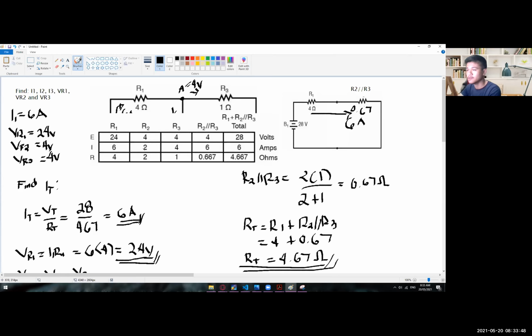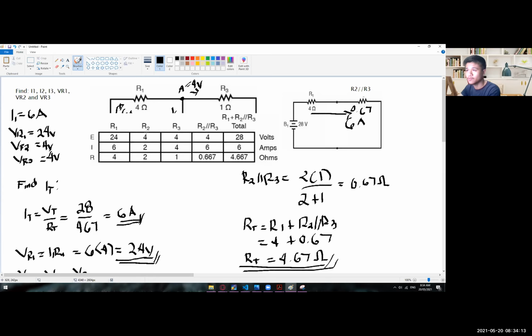And then if you're going to separate those, we have here the 2 amps for the 2 ohms, and then 4 amps for the 1 ohm. So that's it for the current. And then for the voltage drop, we have here 24 volts across R1, so that's the voltage drop.